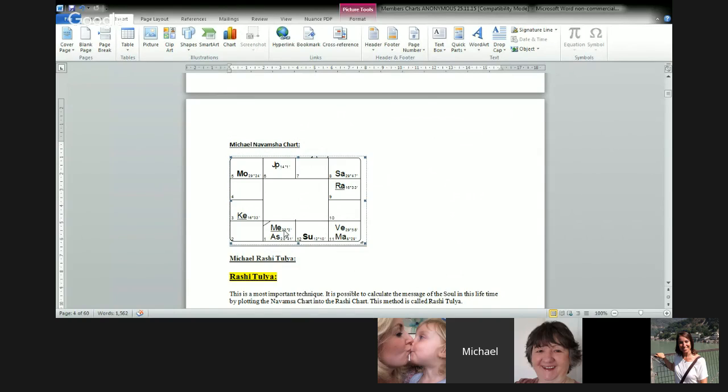And that sets a whole tone for my destiny. Notice that Moon is emboldened in Pisces and Sun is emboldened in Libra. That's because they are in the same sign in the Navamsha chart as in the Rashi or birth chart. In other words, they're Vargotama.